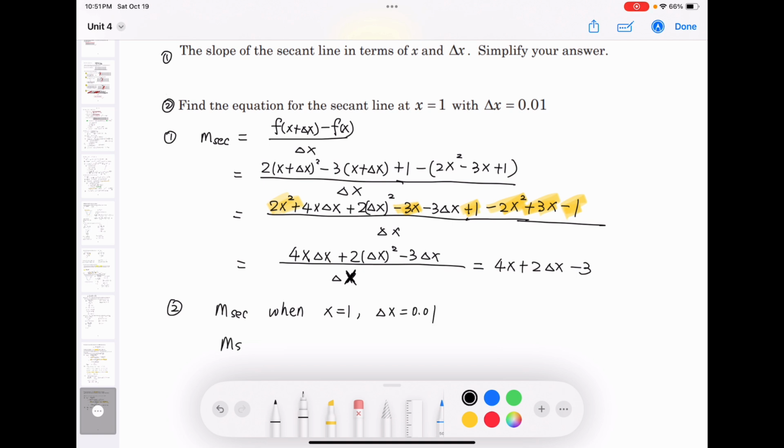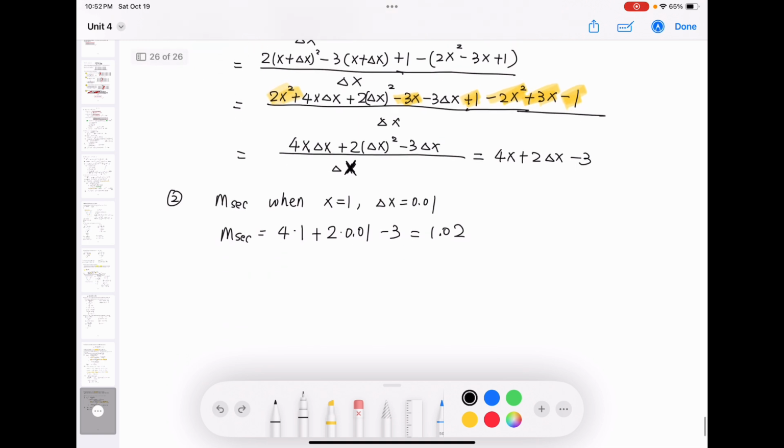So m sub secant is equal to, using the formula we found, 4 times 1 plus 2 times 0.01 minus 3. Let's do the computation. It's 1 plus 0.02, which is 1.02.